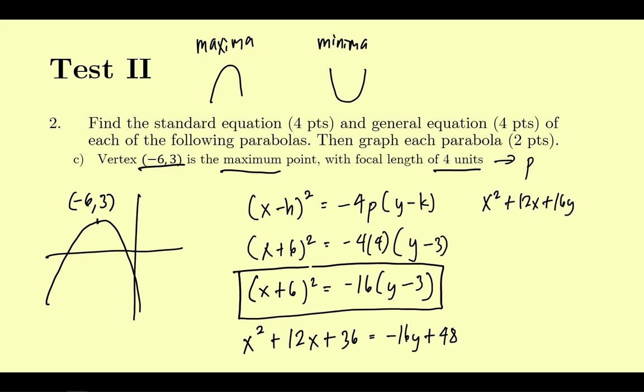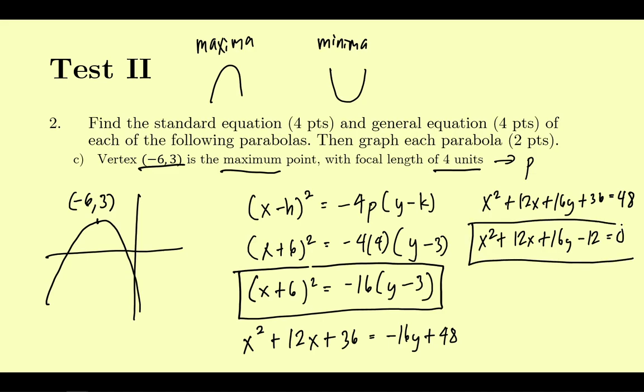And then we have 36 here and 48 on the right side. 36 minus 48 is equal to negative 12. So x squared plus 12x plus 16y minus 12 is equal to 0. And this is your general equation.